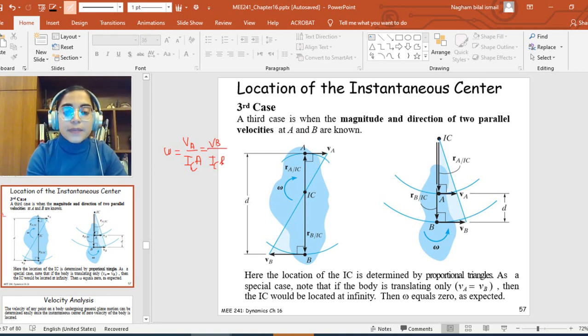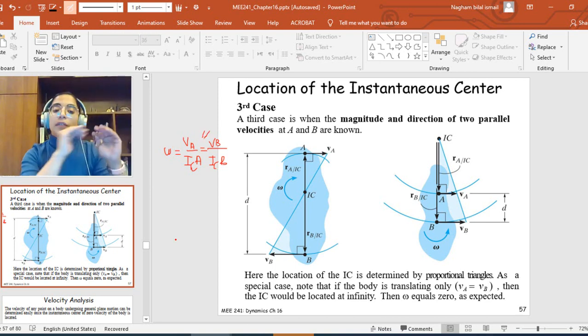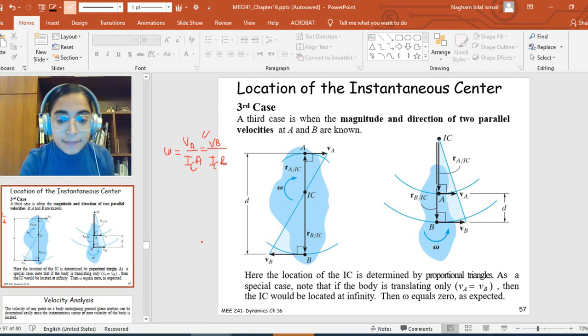And this means, since VA is parallel to VB and VA over ICA is equal to VB over ICB, I have here two proportional triangles, all right? My first triangle would be ICA and the end of VA, and the second triangle would be ICB and the end of VB. So in fact, if I do the intersection between AB and the ends of these two velocities, this intersection will be IC.